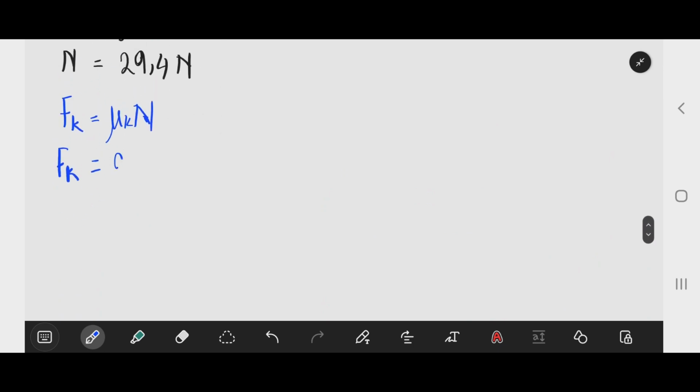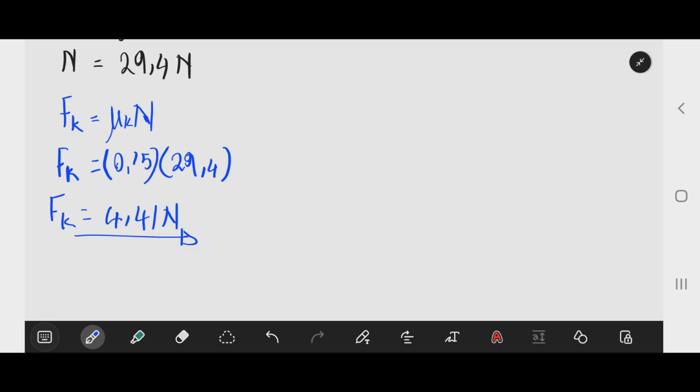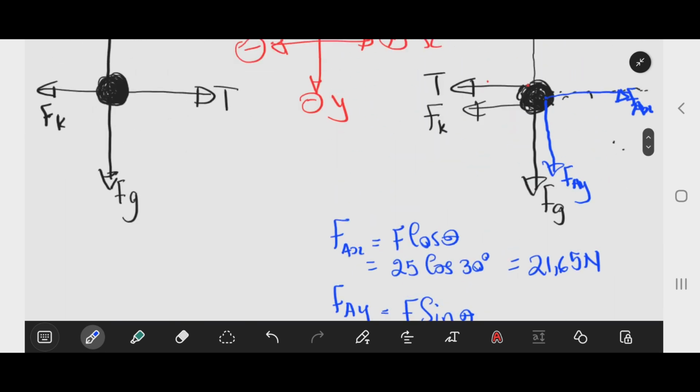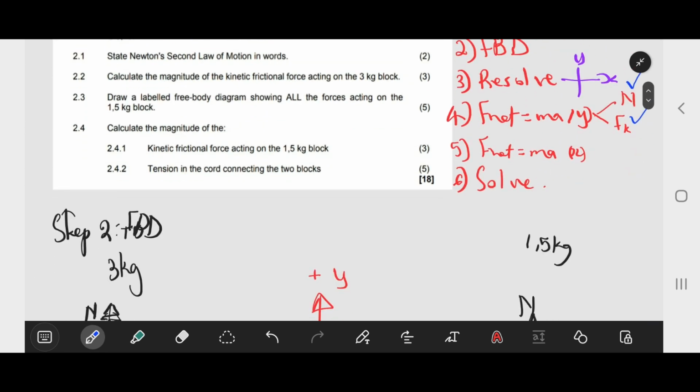So that would be 0.15 multiplied by the normal force, 29.4. That would be 4.41. So that is the kinetic friction between the surface and the 3 kg block.